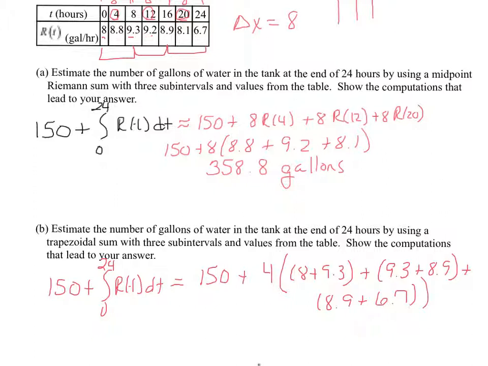We have to do this one twice. And this one we'll have twice. So we get here approximately 354.4 gallons.